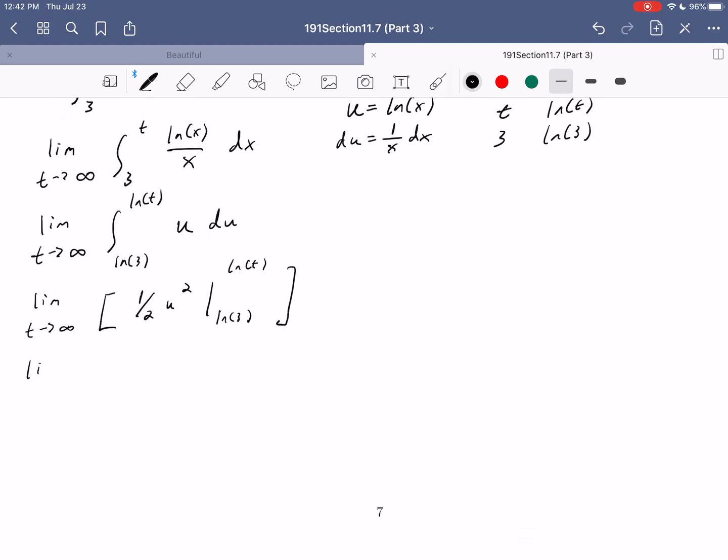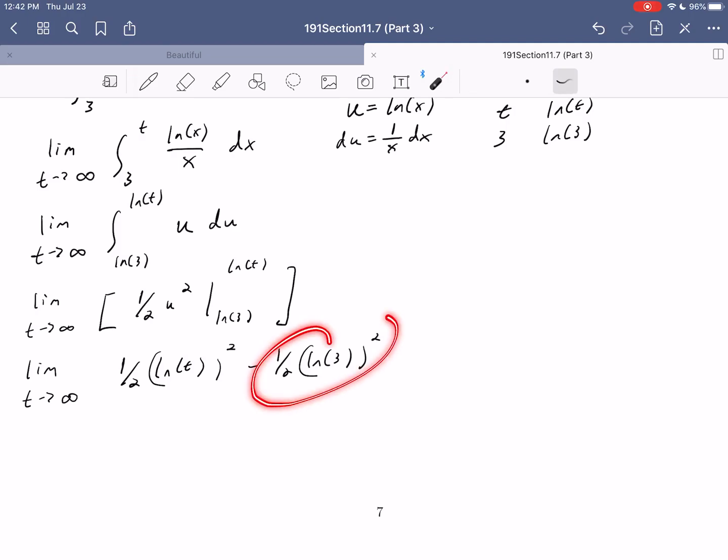Then we pop that stuff in there. Limit as t goes to infinity, 1/2 ln of t squared minus 1/2 ln of 3 squared. We don't really care about this because this is just a number. This is going to dictate the behavior. As t goes to infinity, this is going to approach positive infinity.